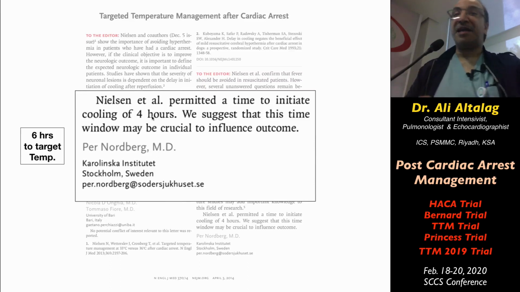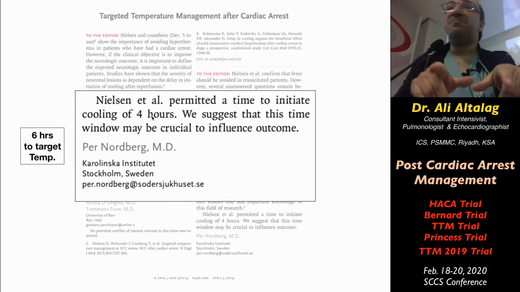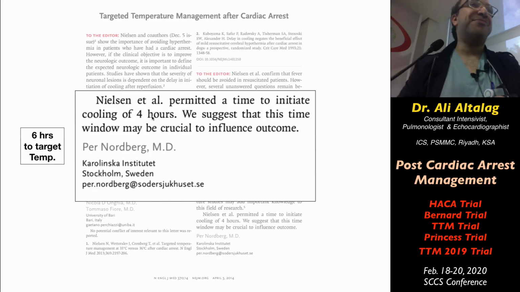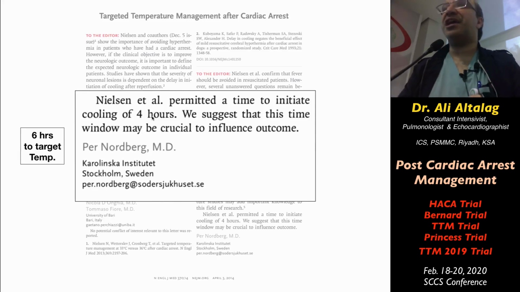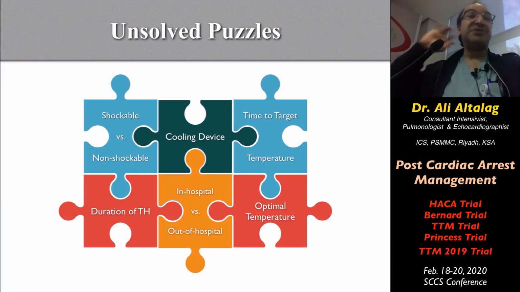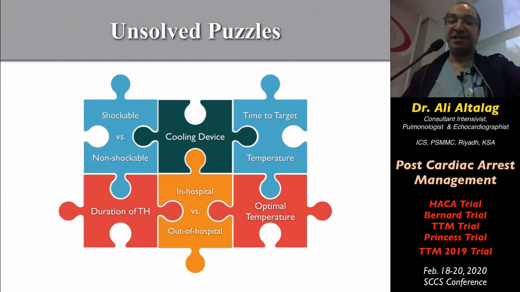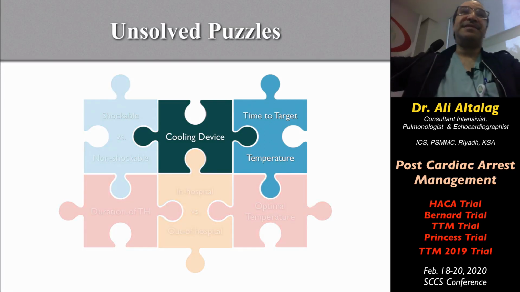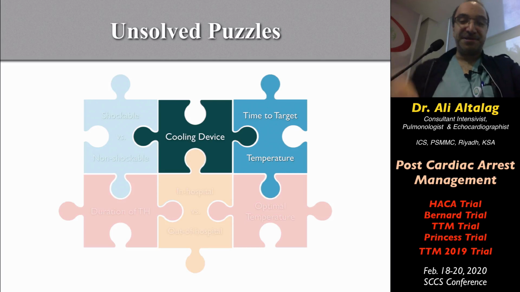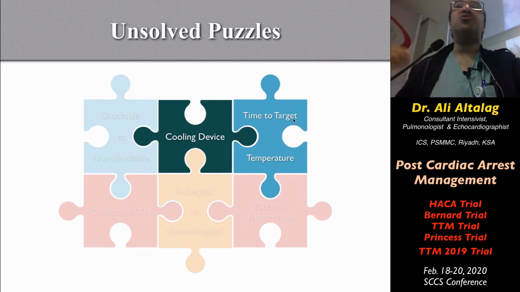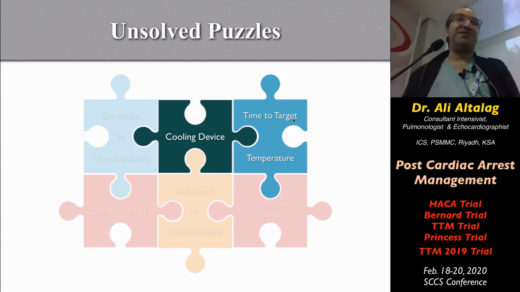And in fact, when he published this editorial, he was doing a study, the Princess Trial, which is a really important trial. He was trying to solve 2 puzzles: the cooling device, and time to target temperature. And I think the guy has good intentions.